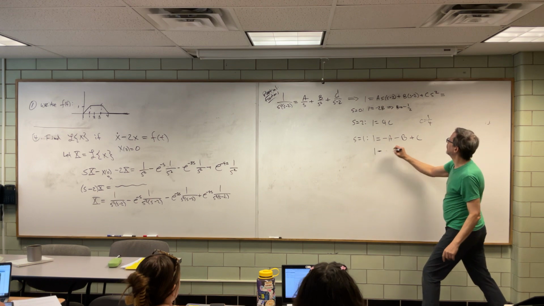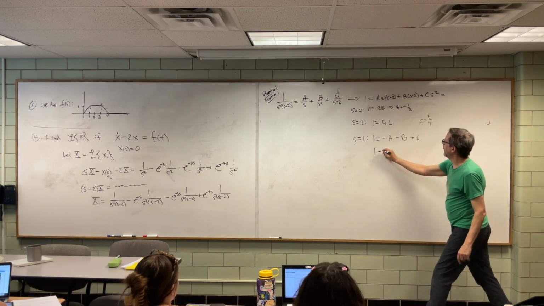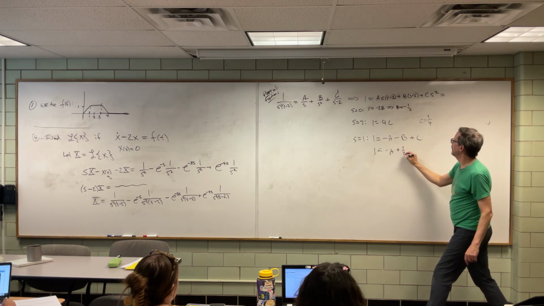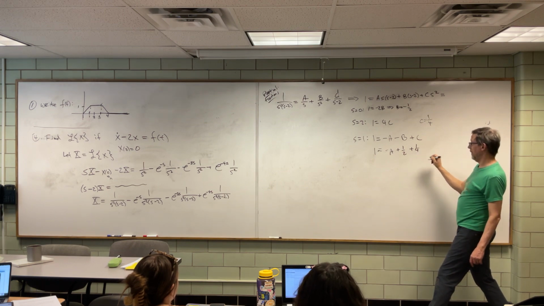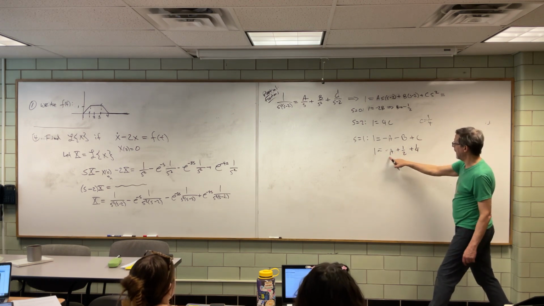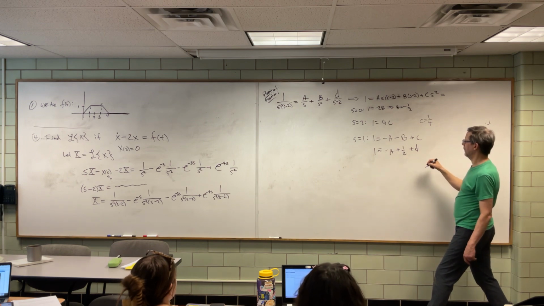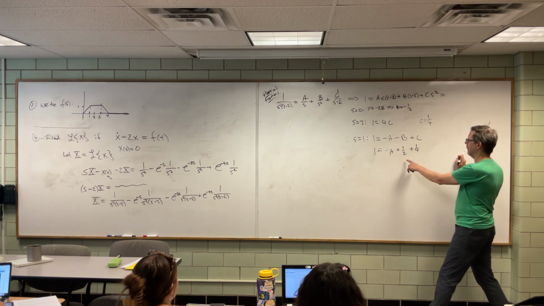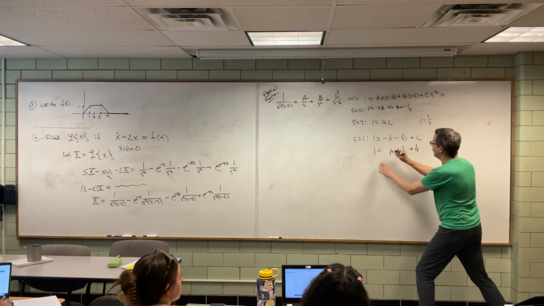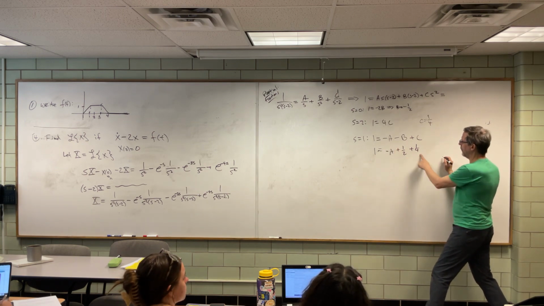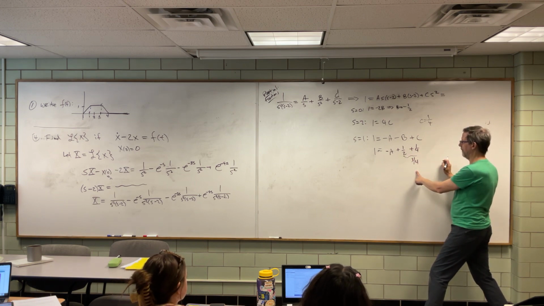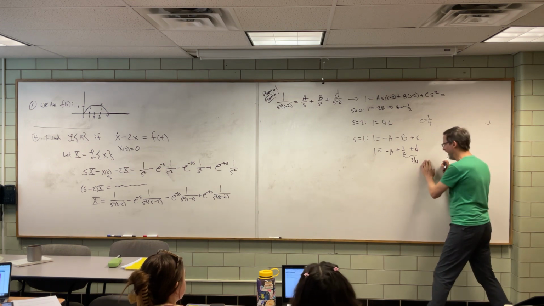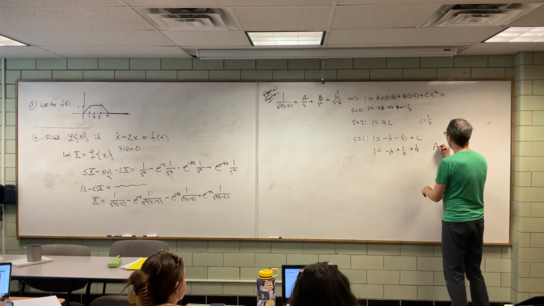So 1 is equal to negative a minus b plus c, so a is negative 3/4? Wait, is that right? Because there's a negative in front there, right? Oh! 1 minus 3/4 is negative 1/4 is what I mean, okay.